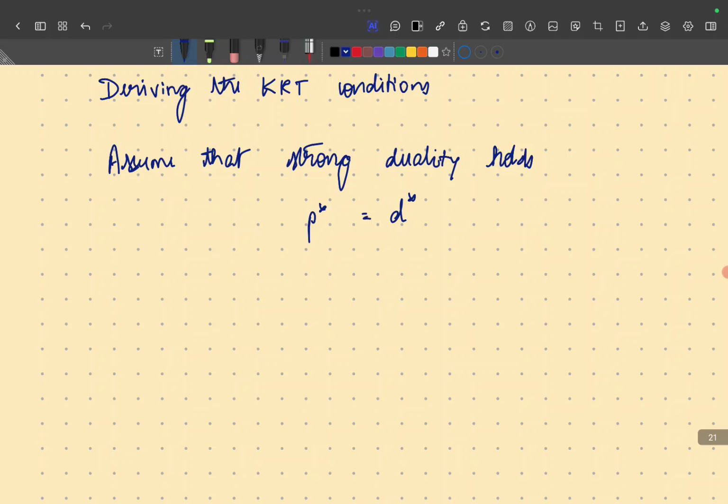All right. By definition, what is P star? It is equal to f of x star. So we're assuming that x star is the constrained minimizer for our primal optimization problem. And D star is equal to g of lambda star, nu star, where lambda star, nu star are the optimizers for the constrained dual optimization problem.